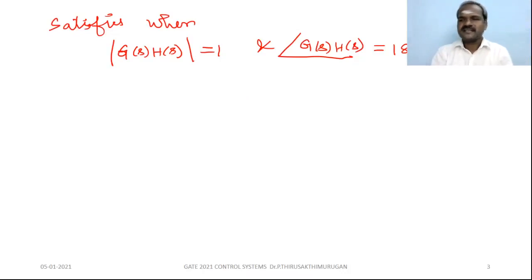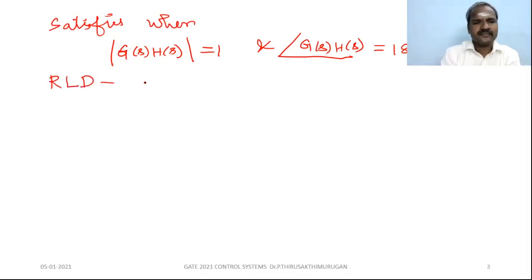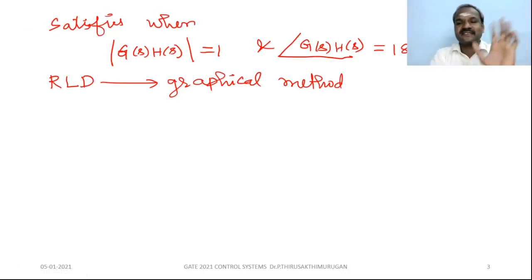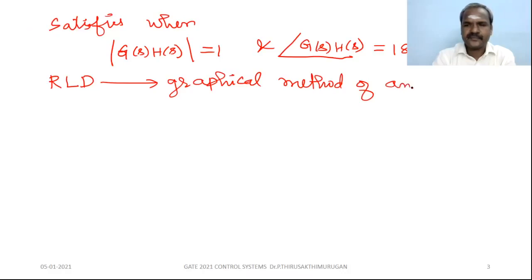Root locus diagram, RLD, is the graphical method of analyzing and designing a system.